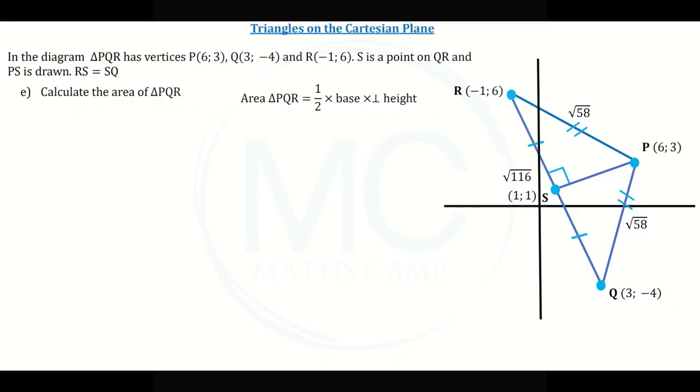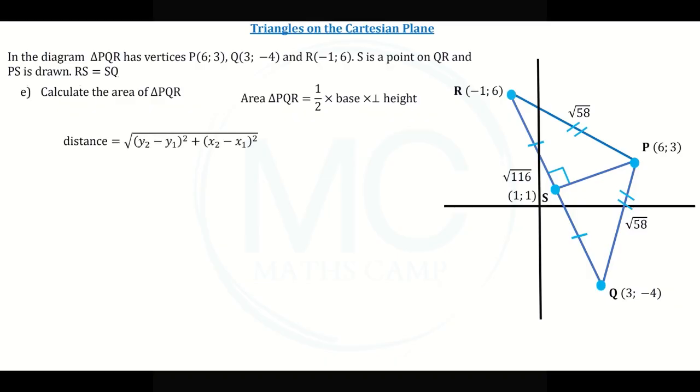So in this triangle, QR is the base and PS is the perpendicular height. We already know the base QR is square root 116 units in length, but we still need the length of PS, so we can use the distance formula.